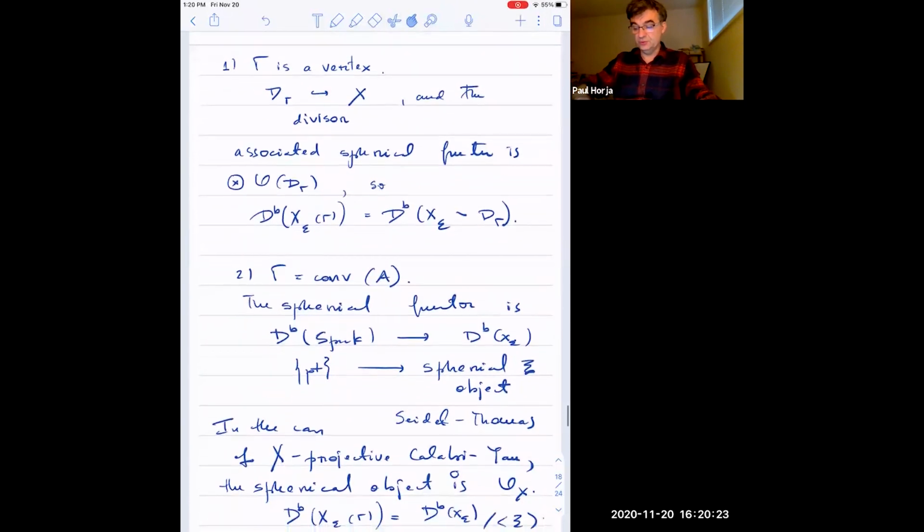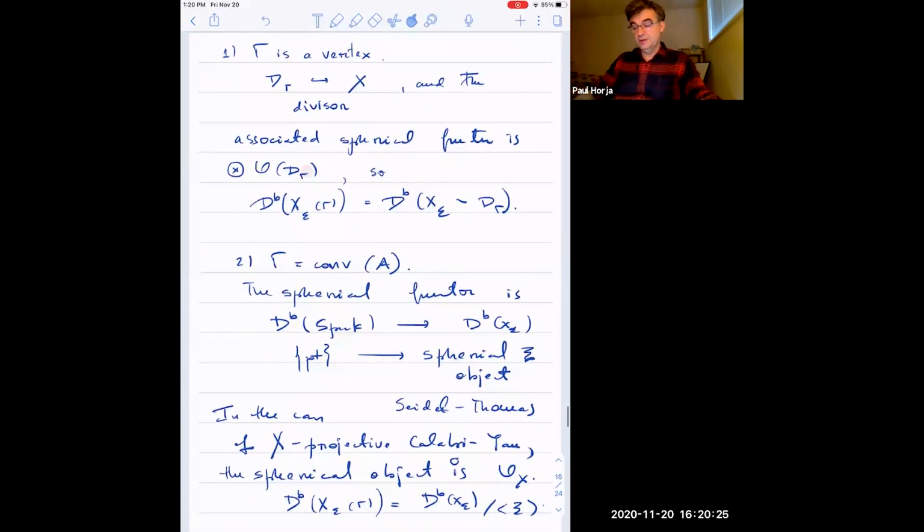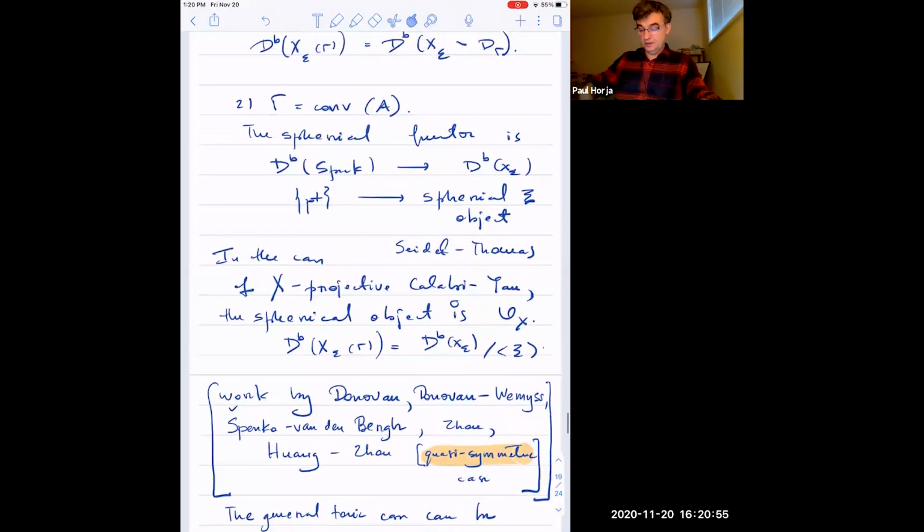The two extreme cases are when gamma is a vertex, which corresponds to D gamma being a divisor, and then the associated spherical functor is simply tensoring by O of D gamma, the line bundle, and then the B-brane category is the category of the complement of this divisor.